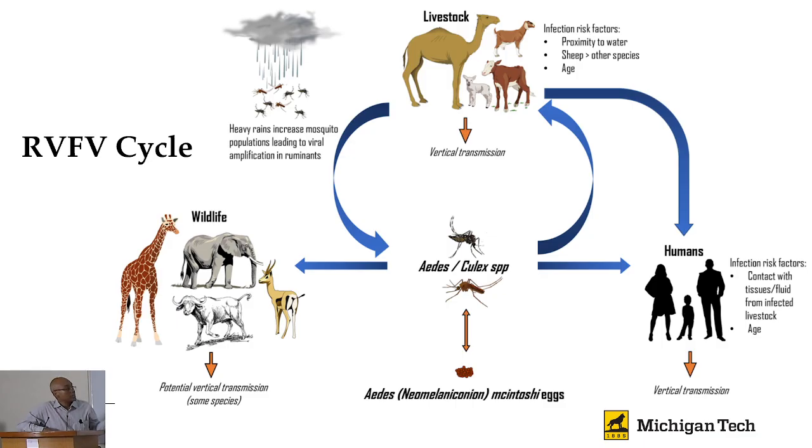Contact also happens in multiple ways, not only mosquito bites. You might have a farm with a lot of animals, goats, sheep, camels, and you pet them all the time, but you never tested them. They may already be infected, and you get the virus from them directly through contact with tissues or fluids. So those are the major ways virus transmission happens.